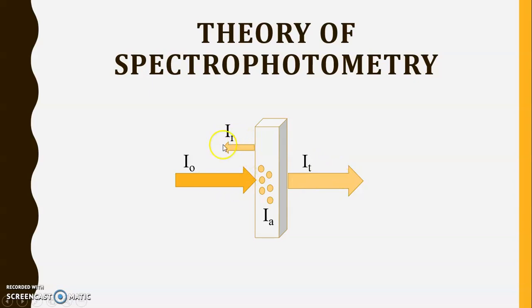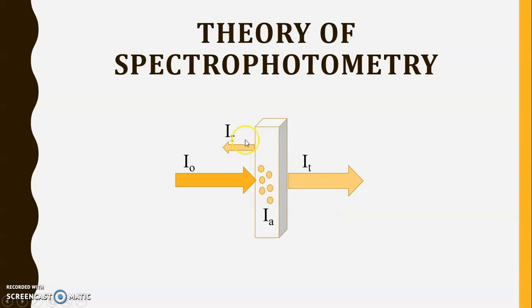This IR represents the amount of light that is reflected from your sample. This IA represents the amount of light that is absorbed by your sample. Now your sample consists of certain solute molecules. These solute molecules are capable of absorbing a certain amount of the light that is incident on them. So a certain amount of light is absorbed, known as IA, and a certain amount of light is transmitted, known as IT.